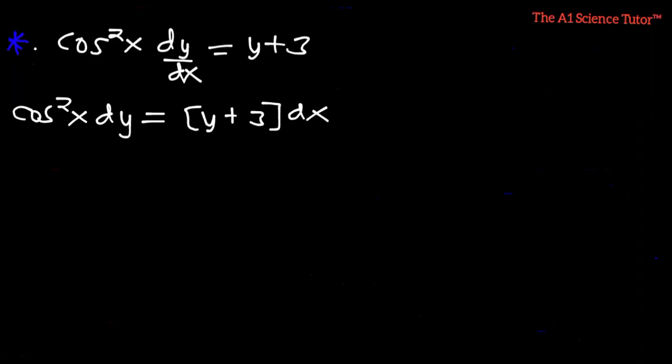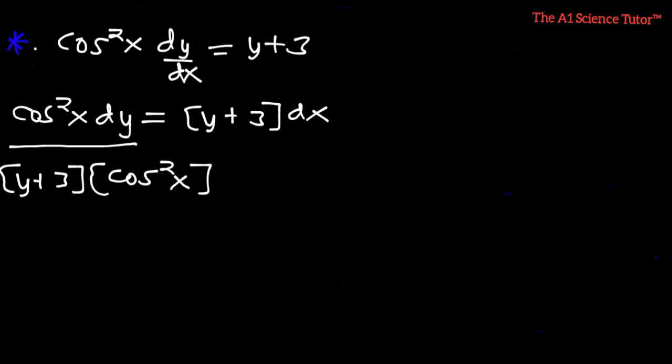multiplied by dx. Now, as you can see, we do not have homogeneity here yet. So I need to take this expression and bring it to the other side, and take this one to the other side. So that is going to be divided by y plus 3, and here we are going to have a cos squared x.